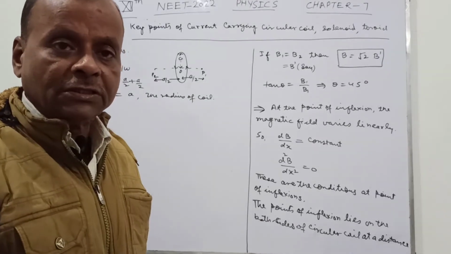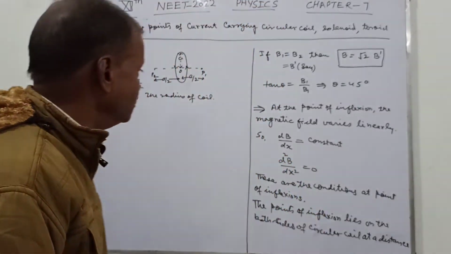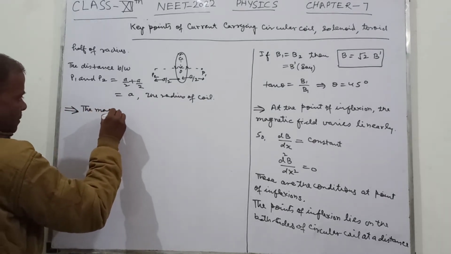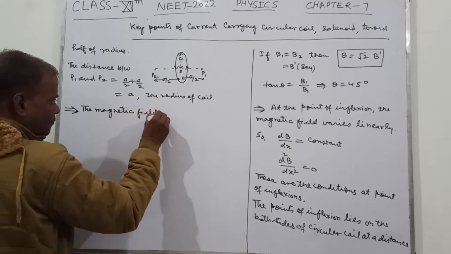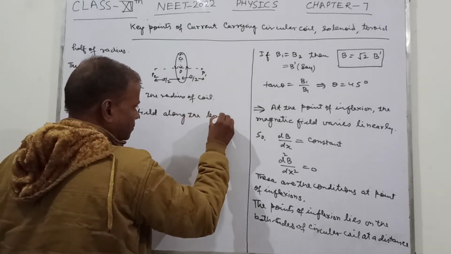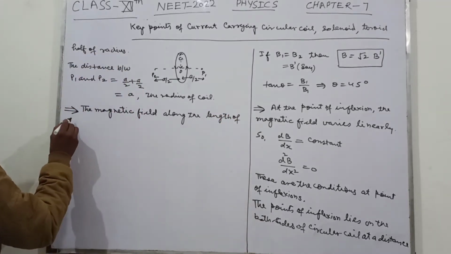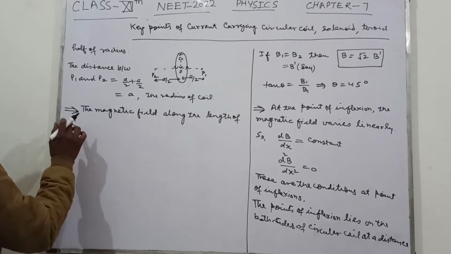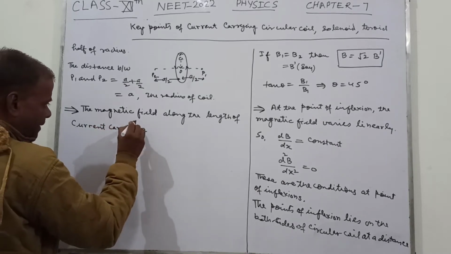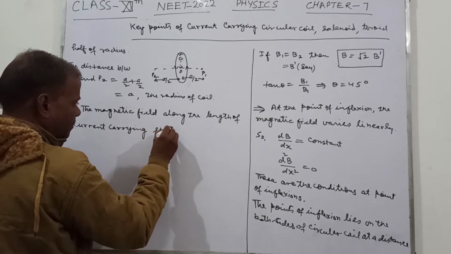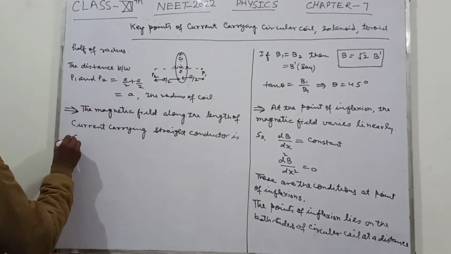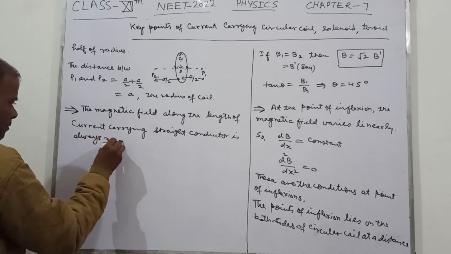Now the magnetic field along the length of a current carrying straight conductor is always 0.